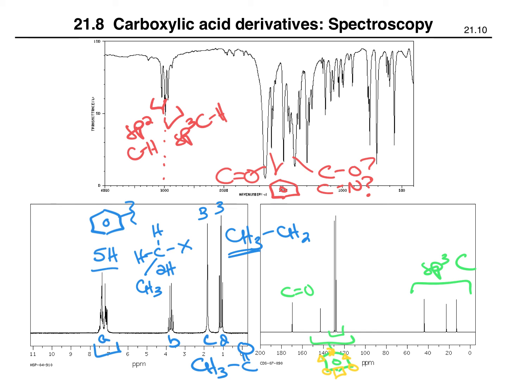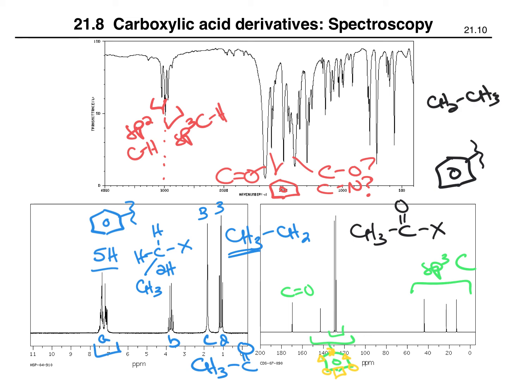So what have we got? If we have a CH3 next to a C double bond O, it is next to something, and then we also have an aromatic ring that's next to something. And then what are we missing? B and D, we have a CH2 connected to a CH3, and that is connected to something. Now, if this was a halogen, then we would be done with our molecule, so that doesn't work.